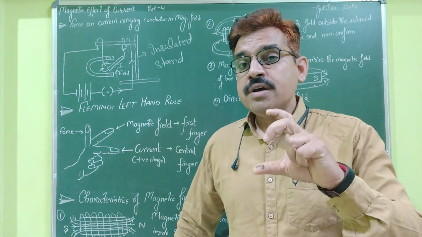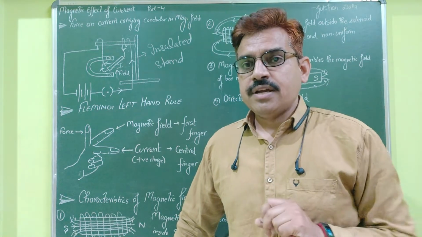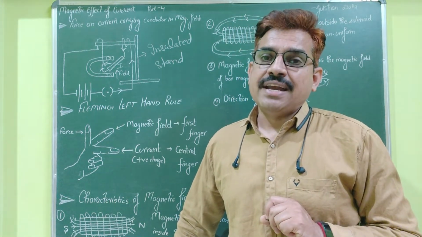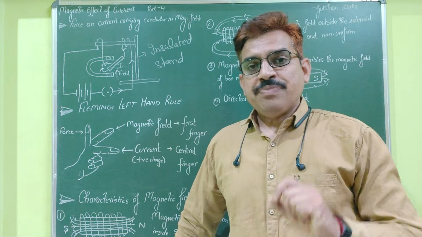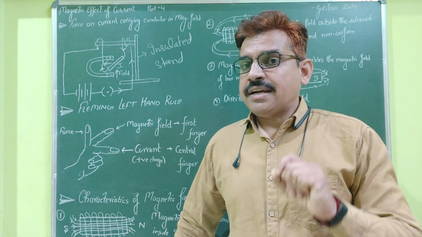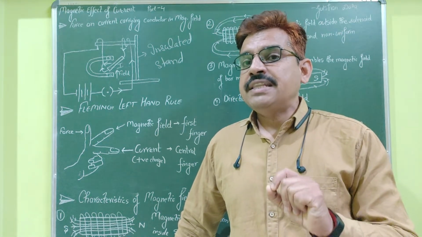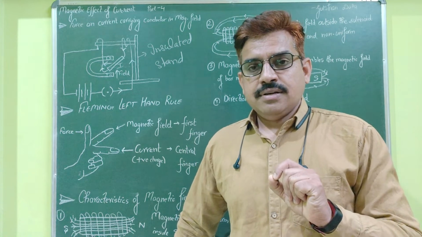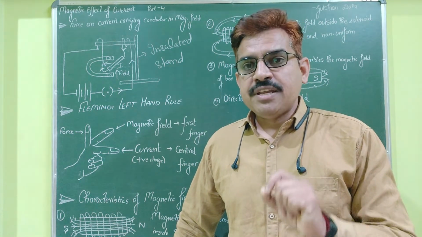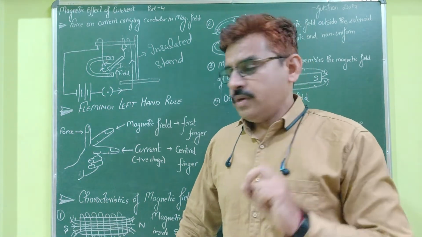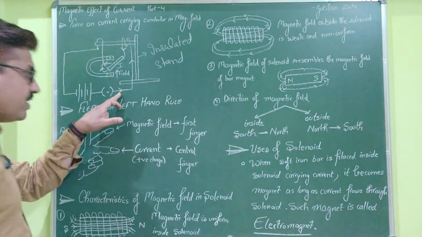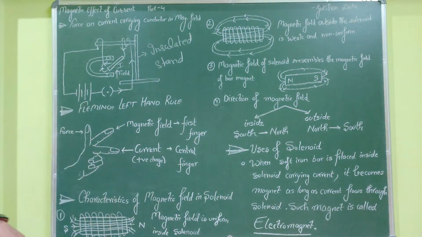It is only because some third force is there. That force is known as magnetic force. It means that when a current carrying conductor is placed in a magnetic field, it will experience a force.